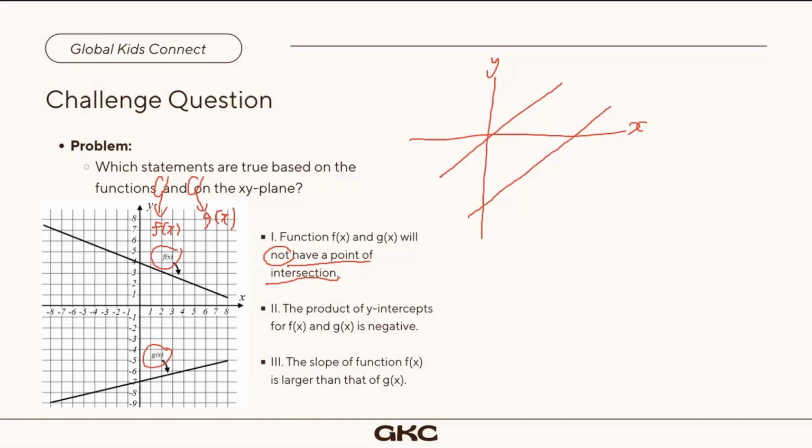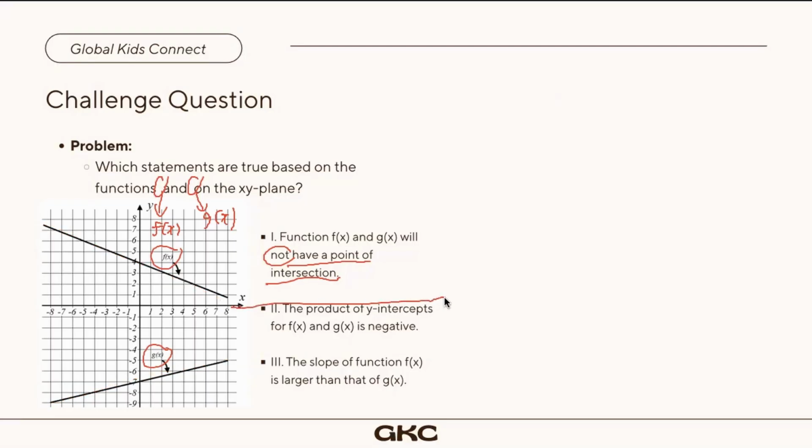However, if there are two lines that are not parallel, either they are perpendicular or slightly different in slopes, then eventually they will meet at an intersection point, which is the case for this question's f of x and g of x. And so, if you see closely, the slopes are different. They are converging, you can say. They are coming to meet each other at an x value that is, let's say, around here.